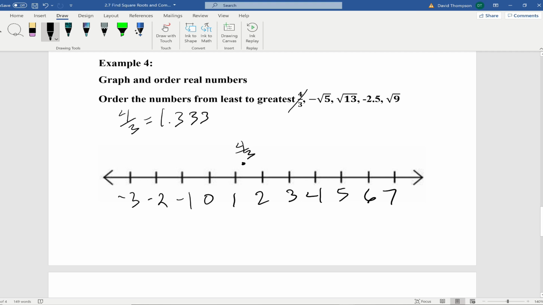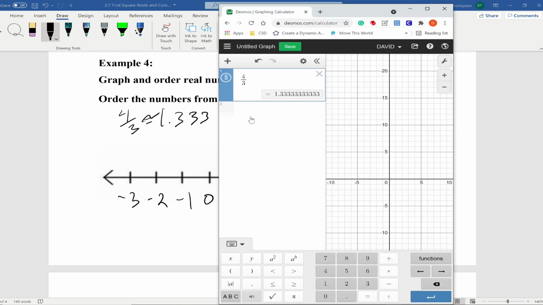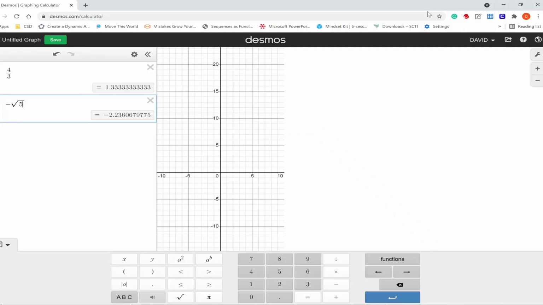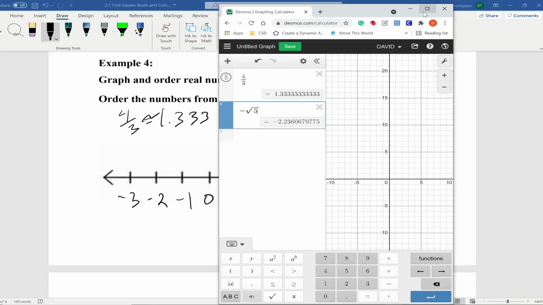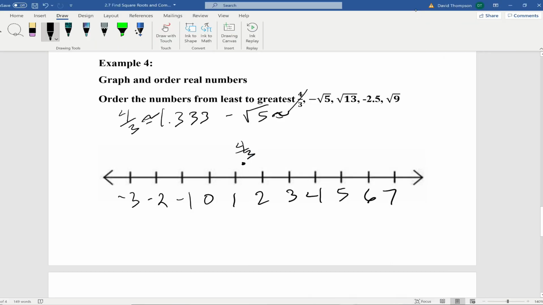Negative square root of 5. And we'll use approximately equal to. So negative square root of 5 is going to be approximately negative 2.236. And that will be approximately here.